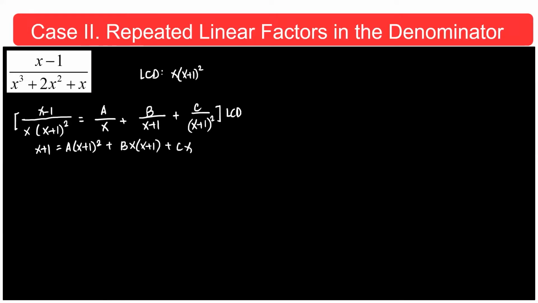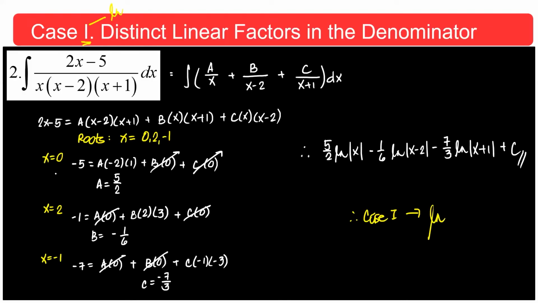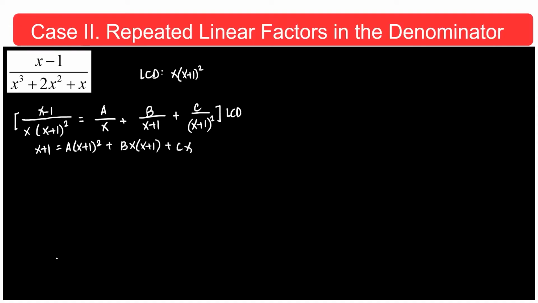So some of you might ask, how do we solve something like this? We can't, because if there are repeating factors, guys, in equations like this, you only have two roots to substitute. So there is another method in solving this, guys.